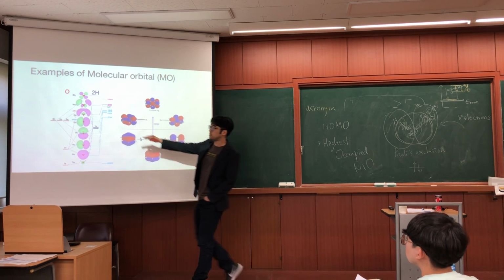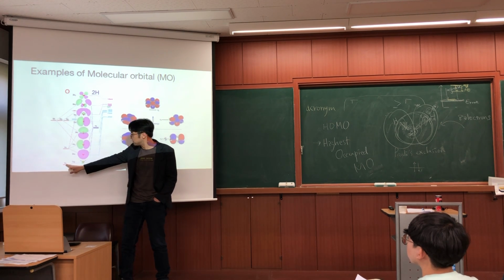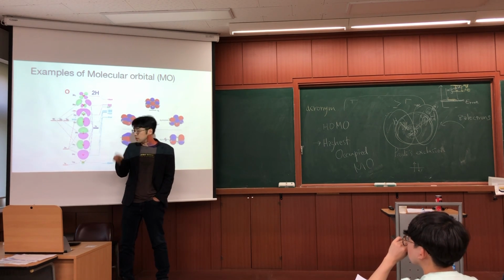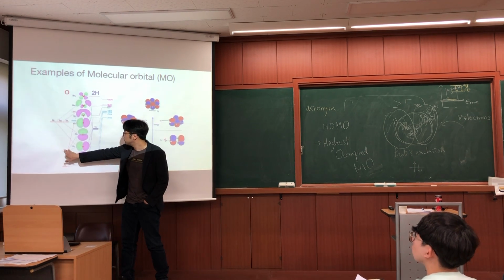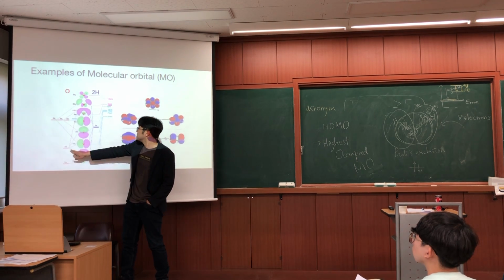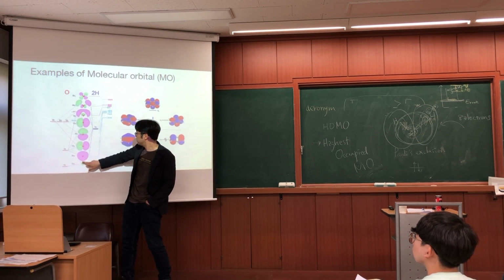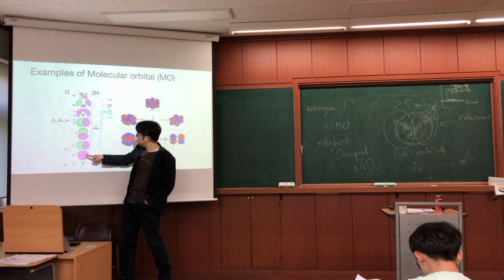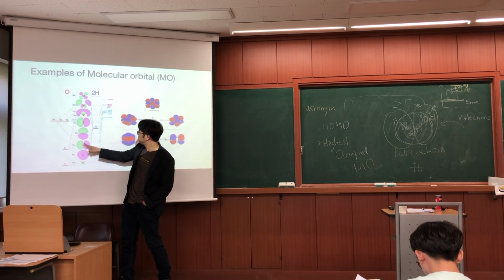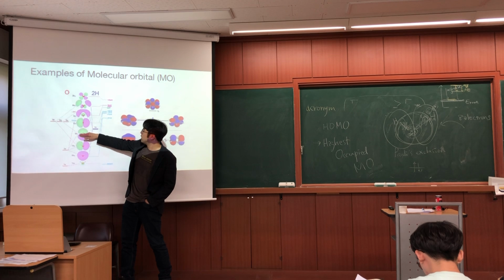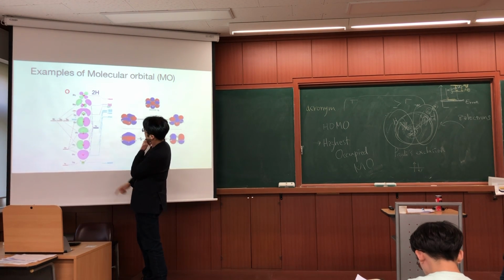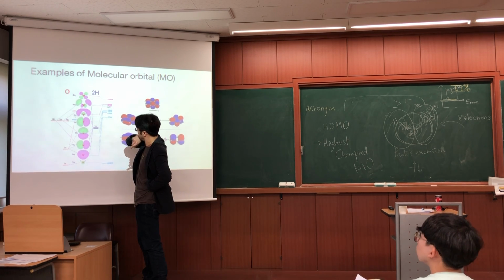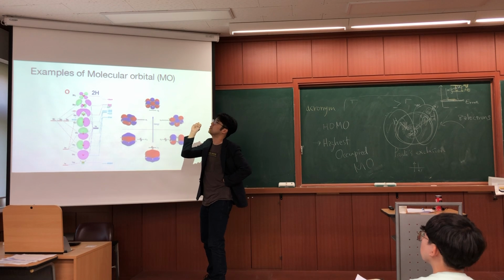So where is the HOMO here? Let's look at it. This water molecule has 8 electrons. So 2 electrons go to here, 2 go to here, and 2 electrons go to... Oh, sorry.